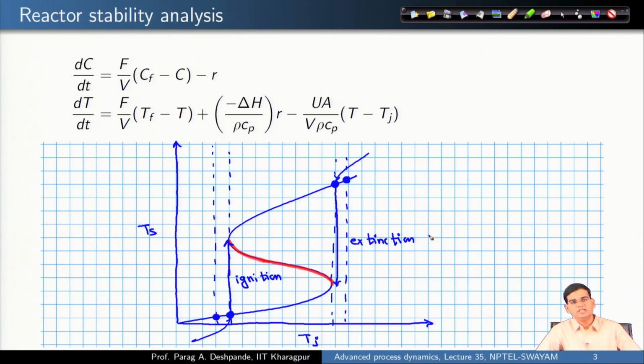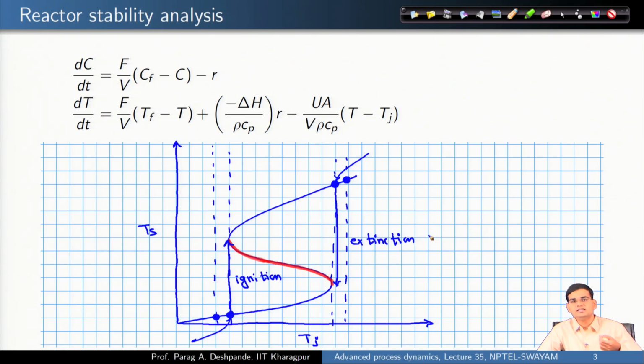Intuitively, you may feel that if I start with one set of parameters of my system and I maintain a steady state, then I should get a unique steady state temperature in my system. That in fact may not happen, because your system is highly nonlinear.